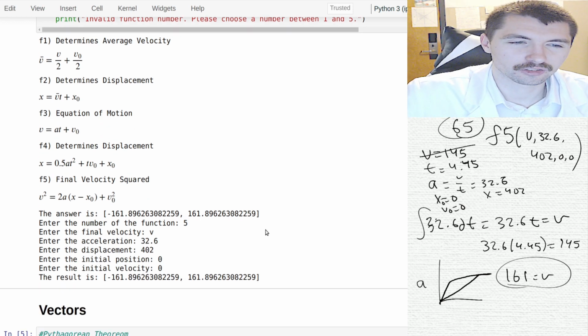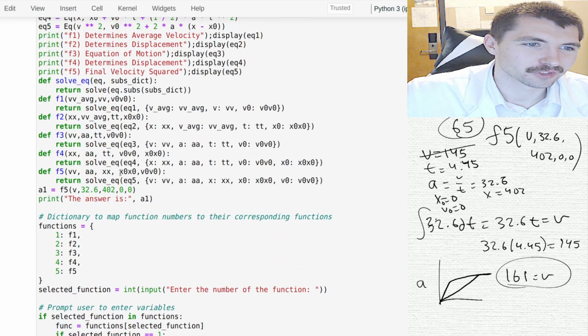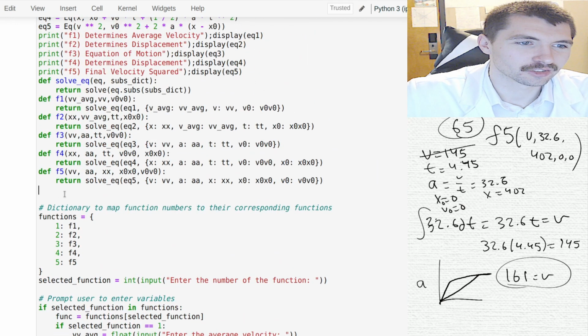Oh, that's nice. That is beautiful. So we can close this.